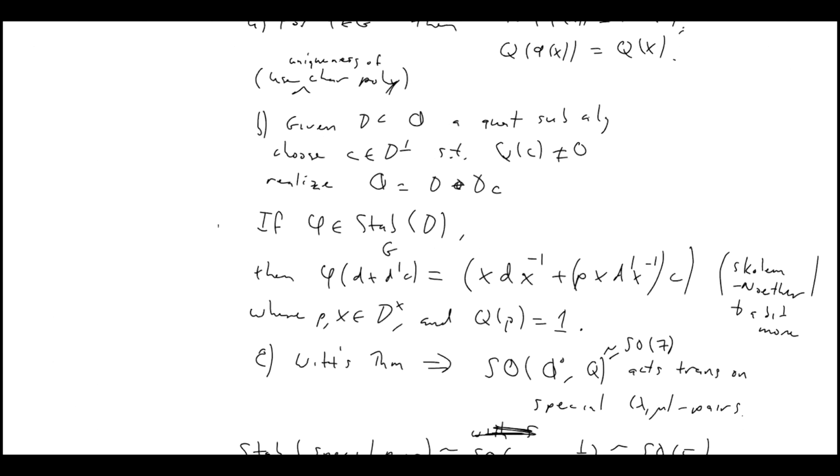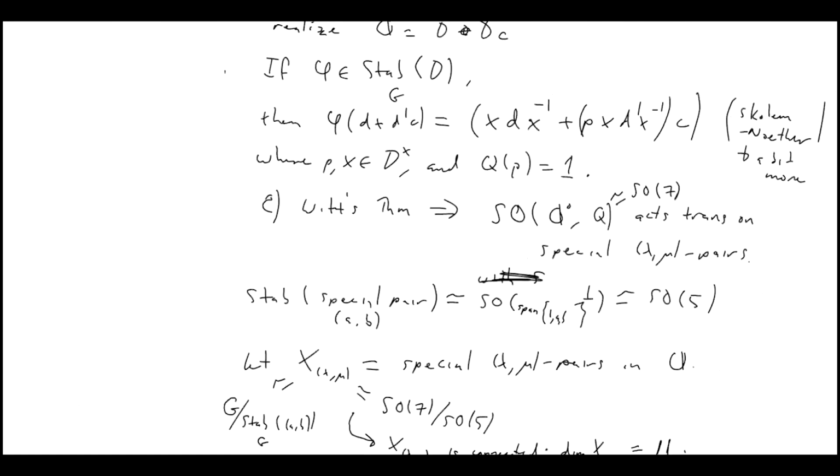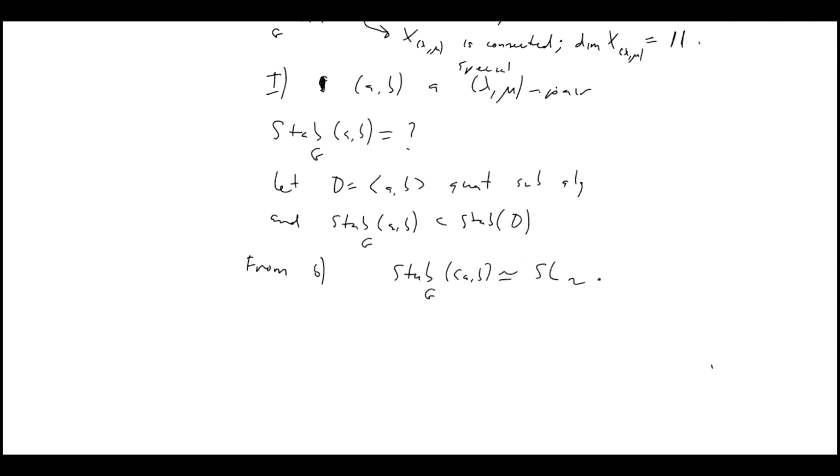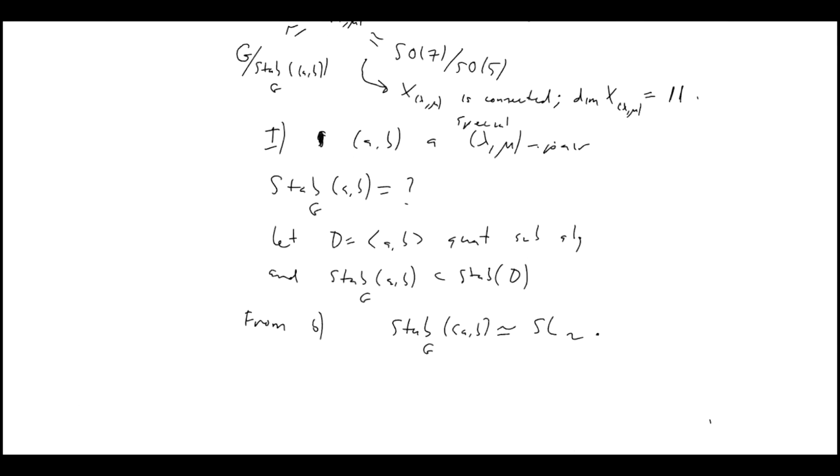Because we're over the algebraic closure, a quaternion subalgebra is just 2x2 matrices. If you're an invertible 2x2 matrix, you're in GL, but if you have quadratic form 1, determinant 1, you're in SL. So we find that the stabilizer is just SL2.